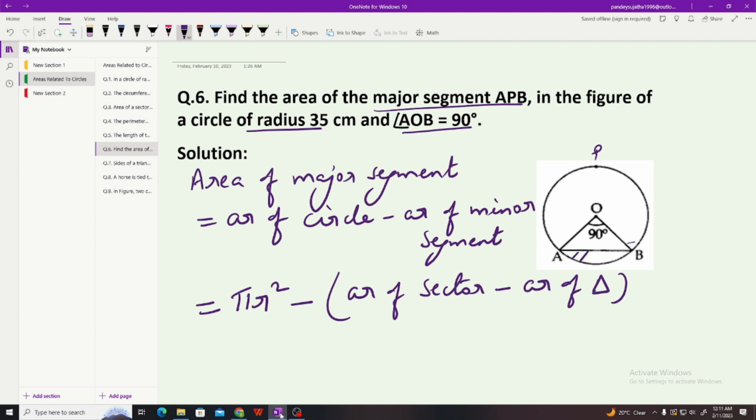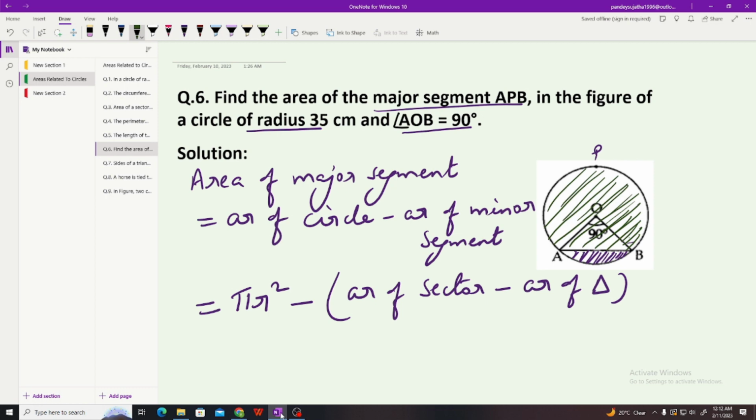See, this is area of minor segment and we need to find the area of major segment. So from the area of circle, we will subtract the area of minor segment. Then we will get the area of major segment.